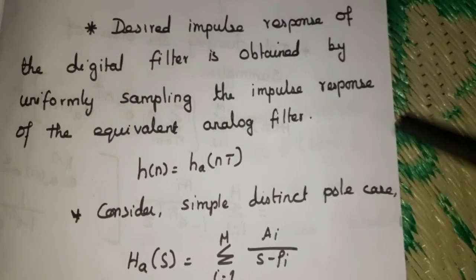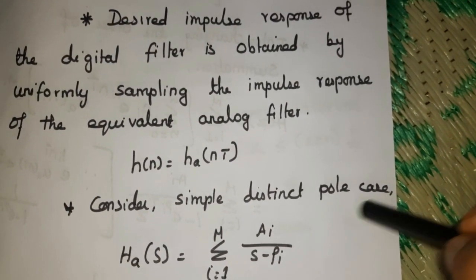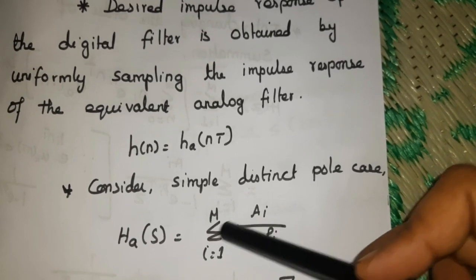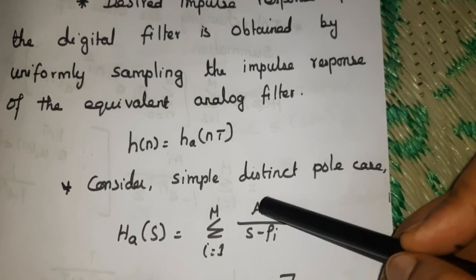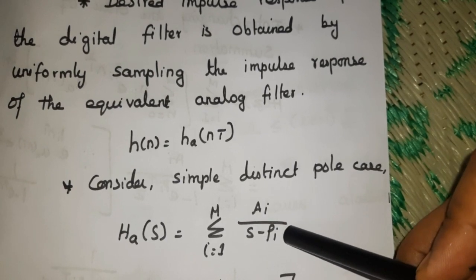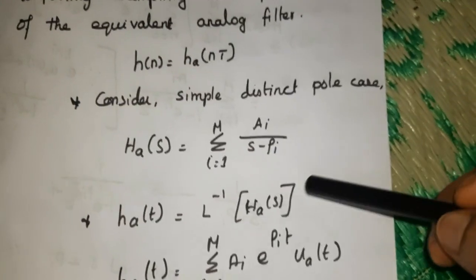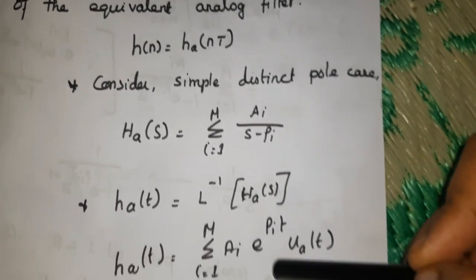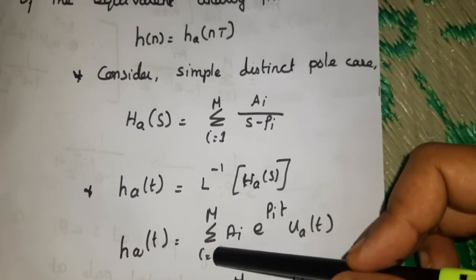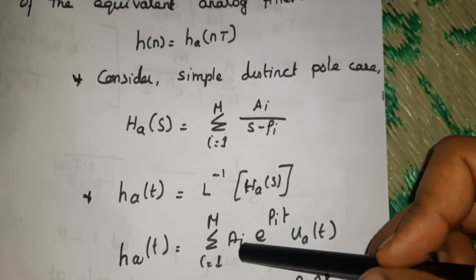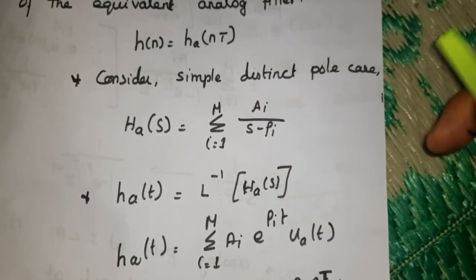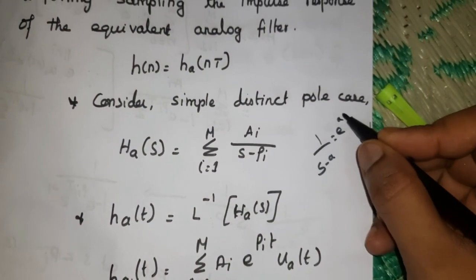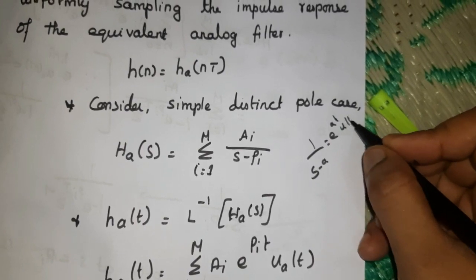So in the simple distinct pole case, consider this case: the desired frequency response is the summation of i equal to 1 to m, a_i divided by s minus p_i. So h_a of t can be obtained by taking the inverse Laplace transform of this. That is, h_a of t is equal to the summation of i equal to 1 to m of a_i, and we know 1 by s minus a is equal to e power at u of t.